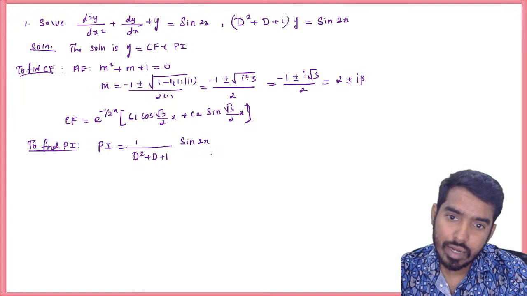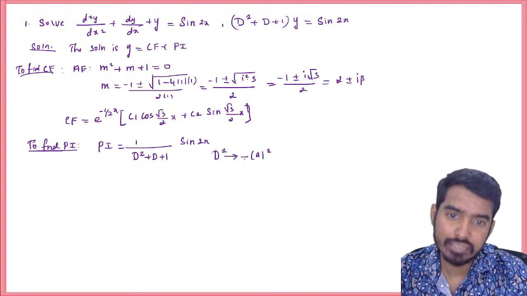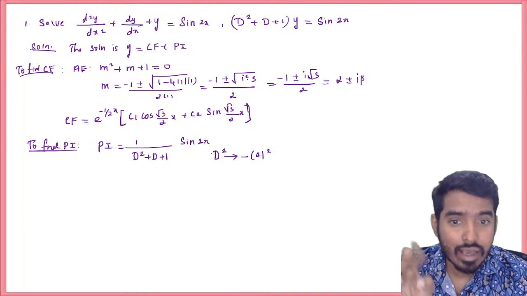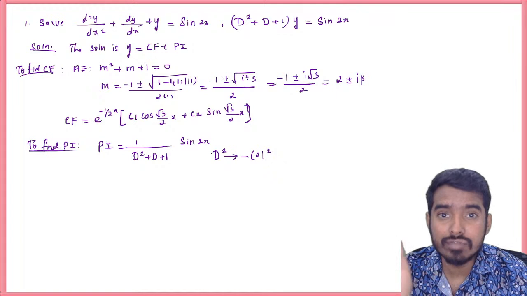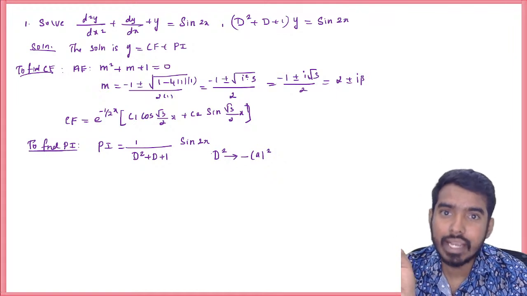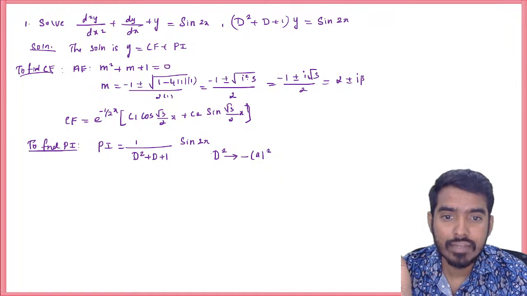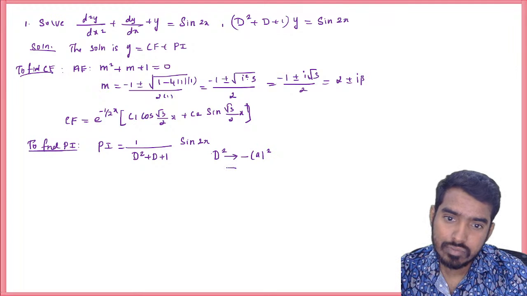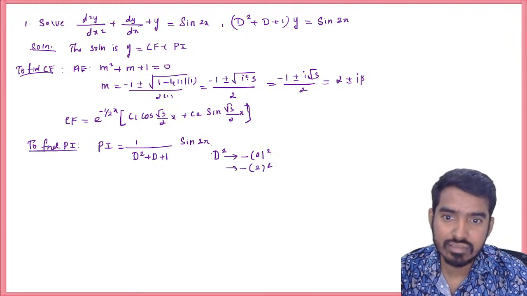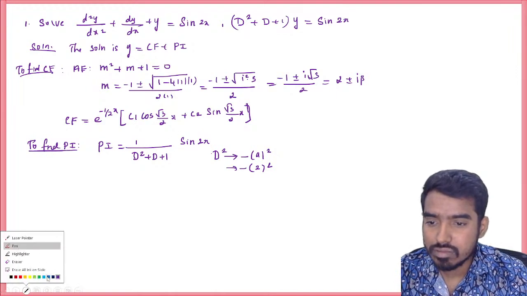Here what you have to do? Replace D square by minus a square. Remember, the minus is outside. So we should always have D square to be minus of some term, which will always be negative, because a square is always positive. What is a here? Compare with sin ax.